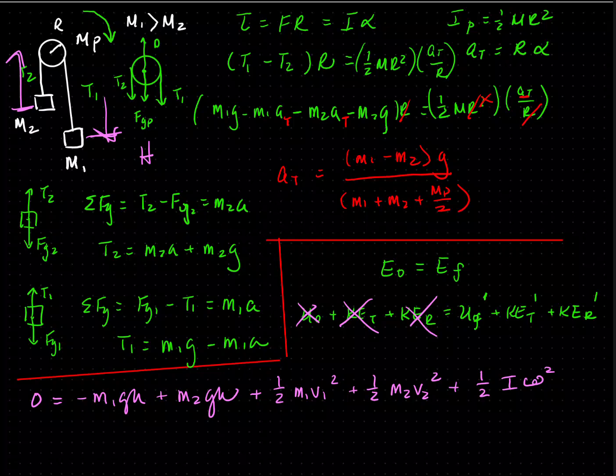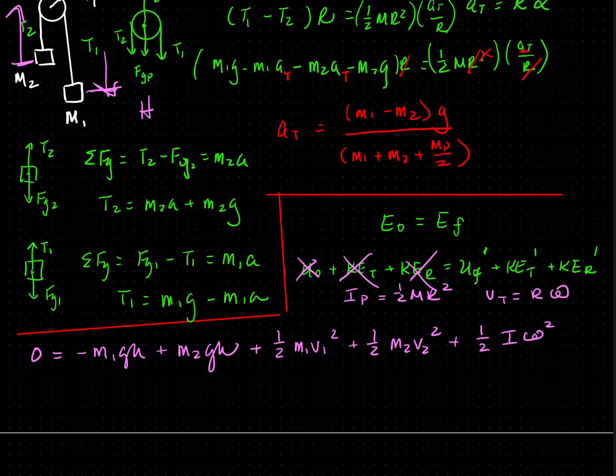And again, we said the pulley moment of inertia was 1/2 mr squared. And since this is not slipping, we know that tangential velocity is equal to r omega.